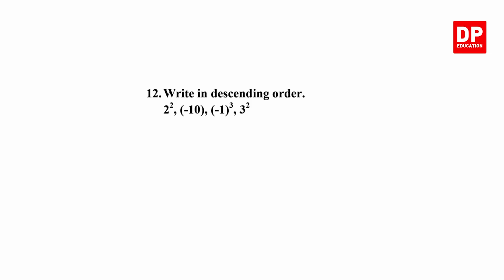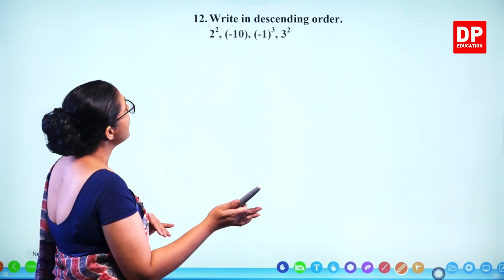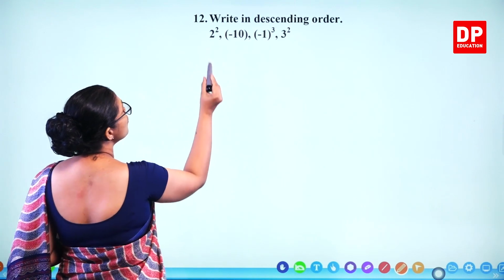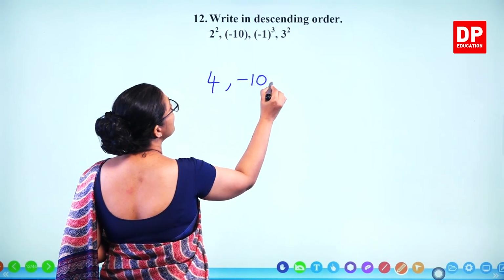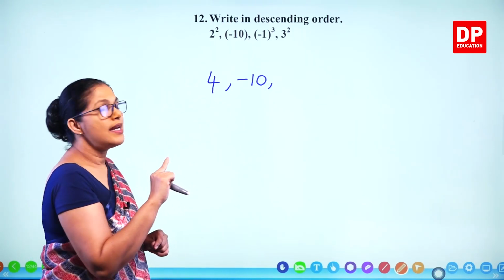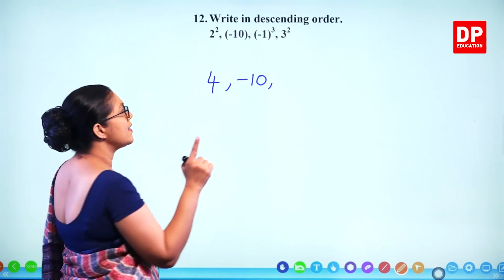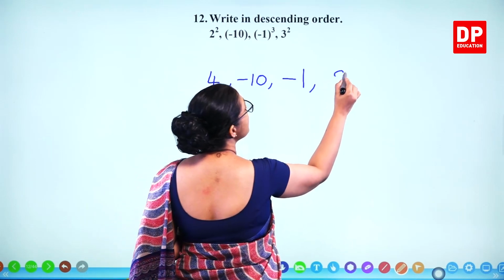Question number 12. Write in descending order. Descending means highest to lowest. So 2 squared means 4. Minus 10. Minus 1 to the power 3. 3 is odd power. Any negative number to odd power is negative answer. So negative 1. 3 squared is 9.